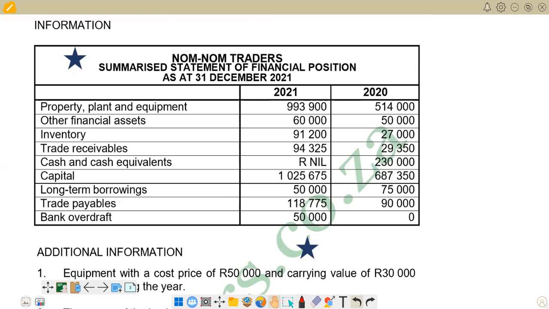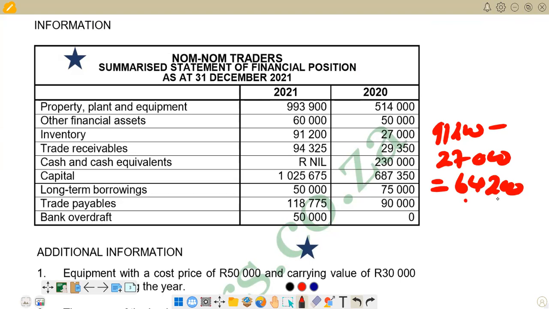So what we are just going to do there, we're going to say 91,200, then we subtract 27,000. And we are trying to see how much it increased. The difference between the two is 64,200. So this figure is an increase.